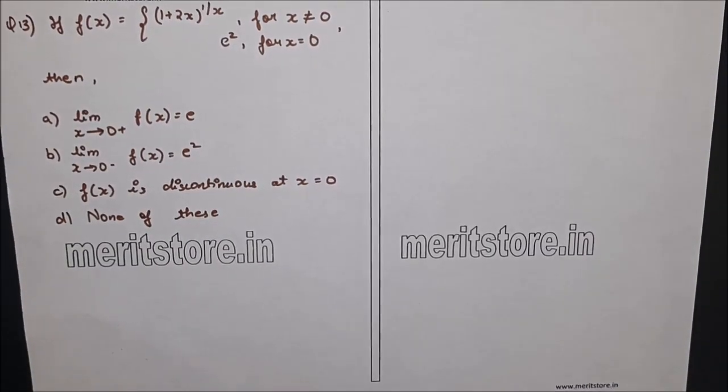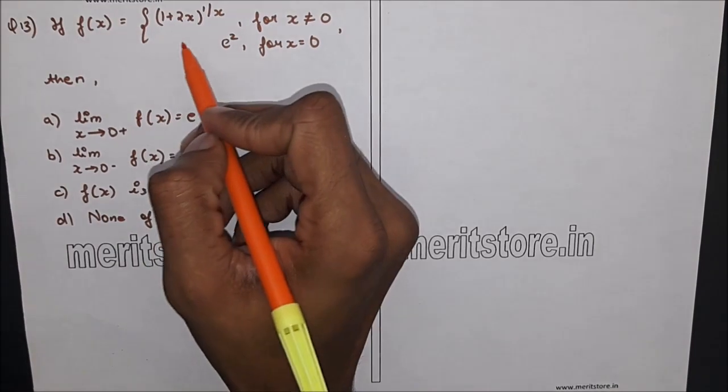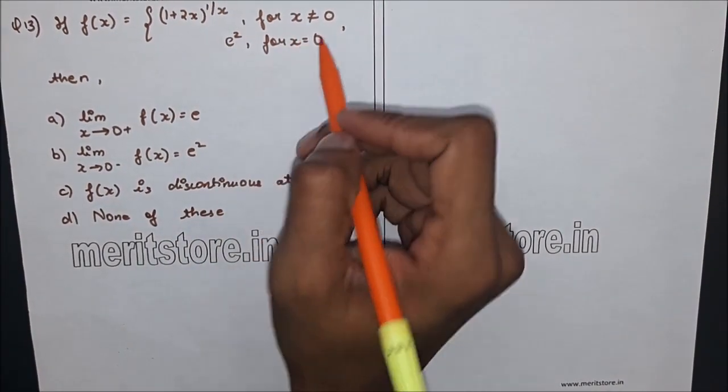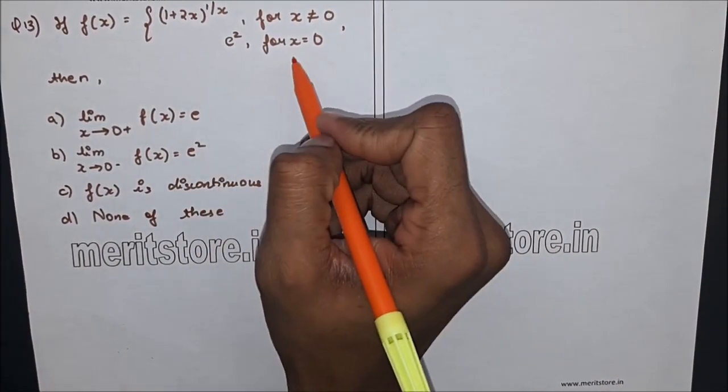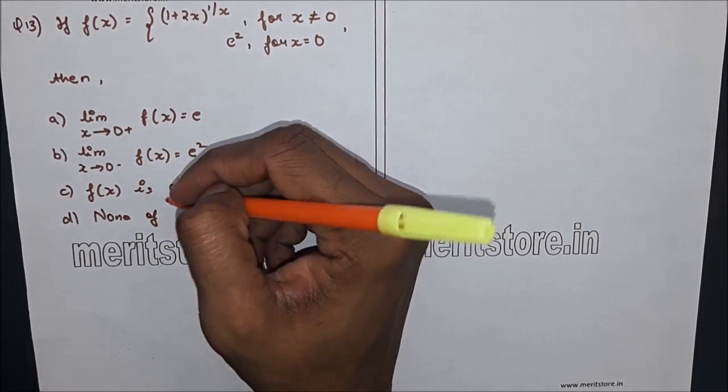Question 13. If f(x) = (1 + 2x)^(1/x) for x not equal to 0 and e² for x equal to 0, then we are given four options.